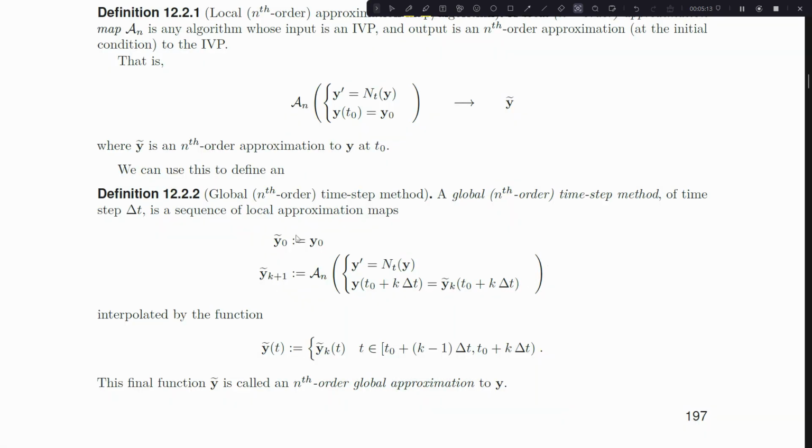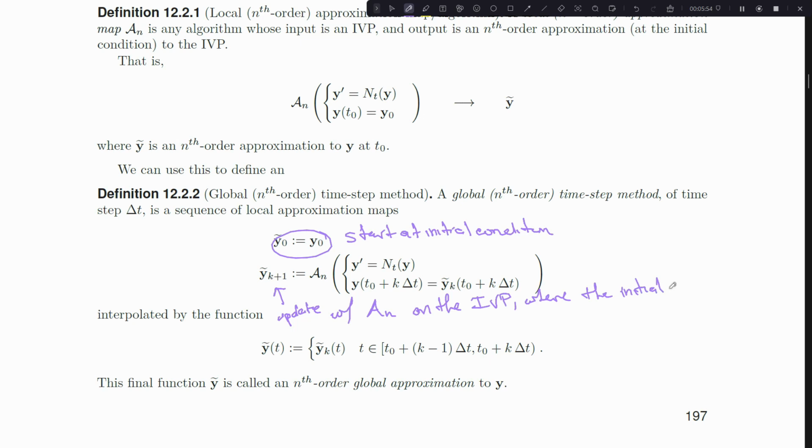And I'm going to create an iterative scheme, right? It's a time step method. It's going to be an iterative scheme where I start at my initial condition. And then I update with A sub n, that's my script A, on the IVP where the initial value is my previous approximation.